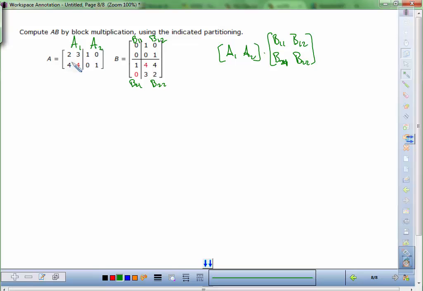And instead of dealing with, what is this, a 2 by 4 matrix and a 4 by 3 matrix, I'm going to deal with a 2 by 1 and a 2 by 2.